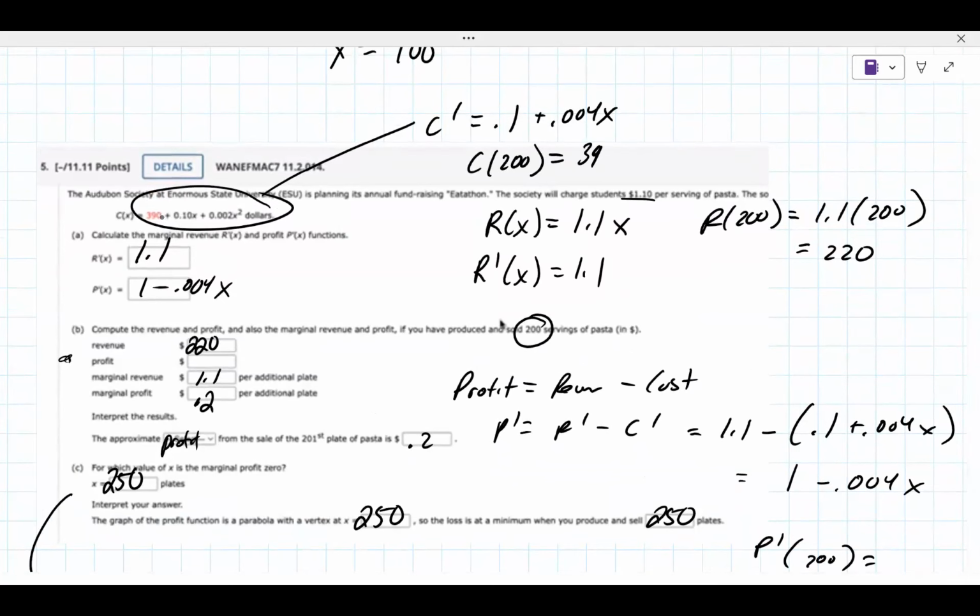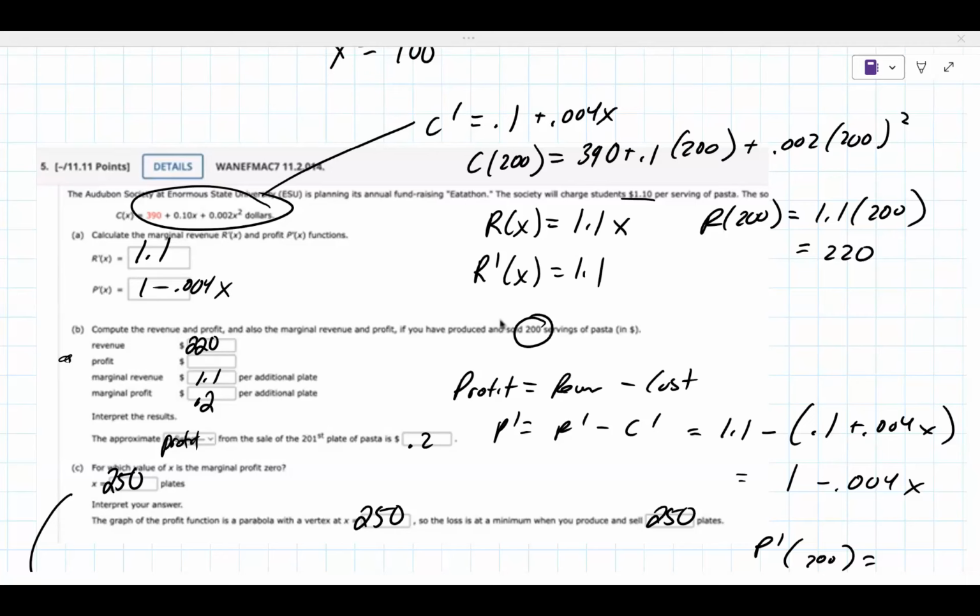So it's 390 plus 0.1 times 200 plus 0.002 times 200 squared. And we're plugging in 200. I know this is confusing. It's not oriented very well for this, but maybe it'll be clearer in the video replay.